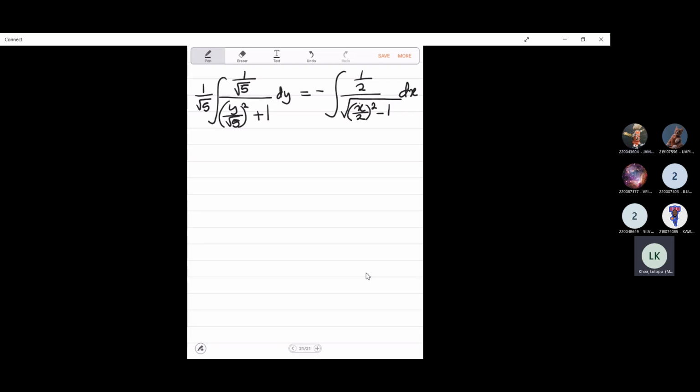Okay, so now they're in the form that I want for me to just integrate directly. So this is 1 over the square root of 5. The integral of this is just tan inverse of y over square root of 5. And this is equal to negative hyperbolic cos inverse of x over 2, and then you add your constant of integration.